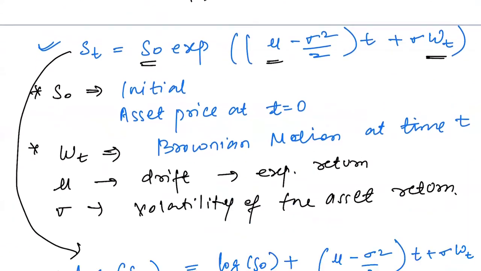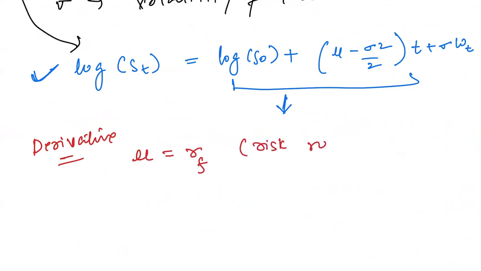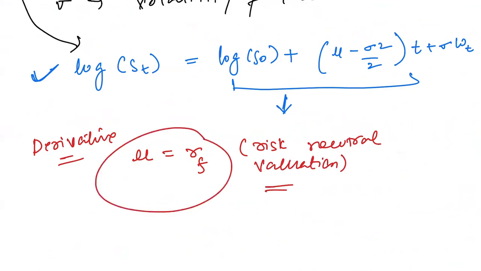One more thing I want to tell you: when you are pricing any kind of derivatives, the drift term is equal to your risk-free rate, and this is also called the risk-neutral valuation. This is a very important assumption. When you are pricing anything, you always have to consider this drift component as your risk-free rate.